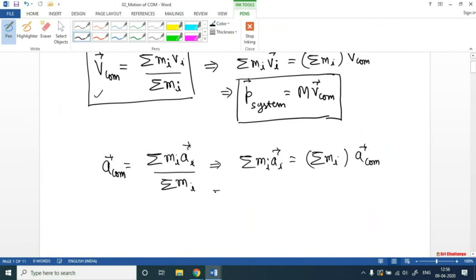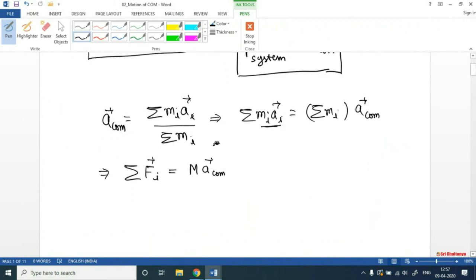For example, on the left-hand side, m_i a_i would be nothing but the force on the ith particle, and the summation of it would be the total mass of the system multiplied with the acceleration of center of mass.